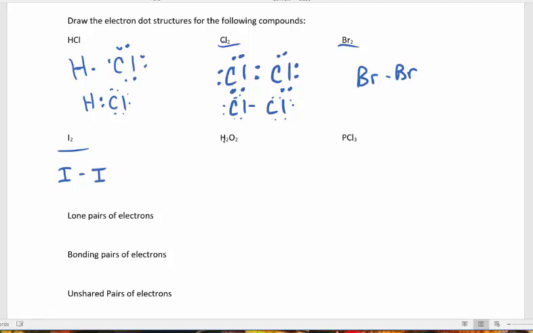All right, let's take a look at H2O2. So we have 2 hydrogens and 2 oxygens. Now you want to be careful. Hydrogen can only fit 2 valence electrons in its outermost shell since it's in the first energy level. So hydrogen is always going to make only 1 bond. So that hydrogen will bond to that oxygen.